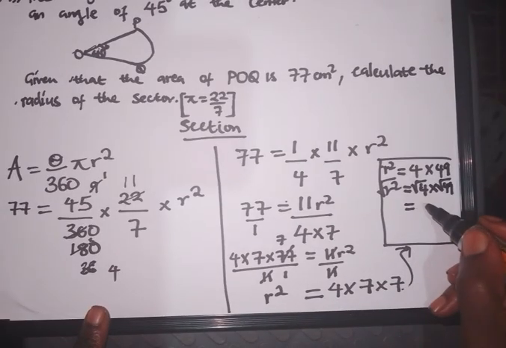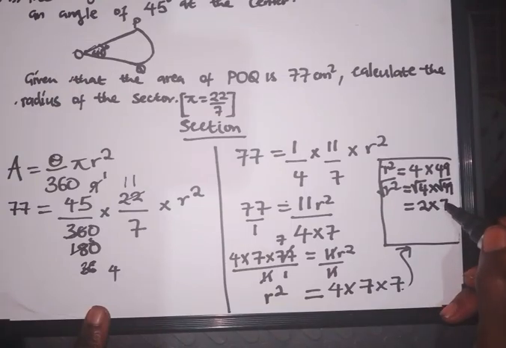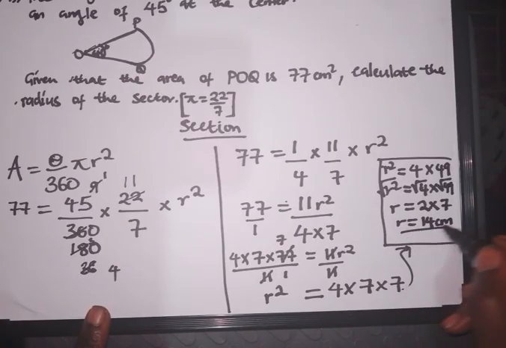The square root of 4 is 2, and the square root of 49 is 7. Then you multiply, 7 times 2, we have 14 centimeters as our radius.